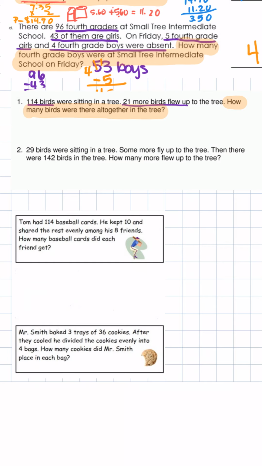Altogether was an addition word. So if we have a tree and there are 114 birds, those are my little birds, and then 21 more come to the tree. How many are there altogether? 114 plus 21, 135. 135 birds.